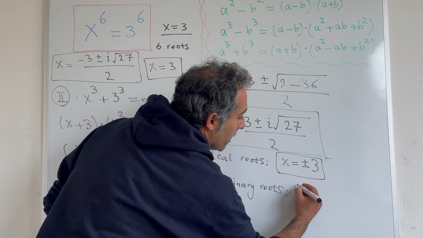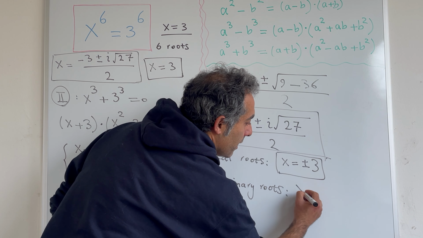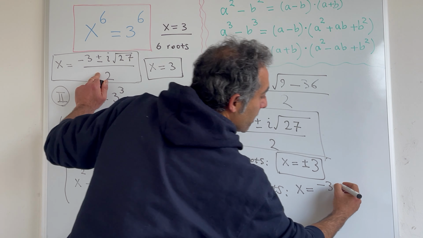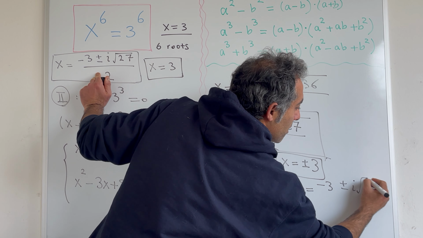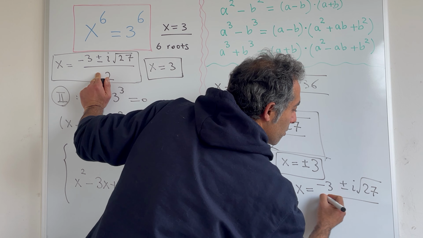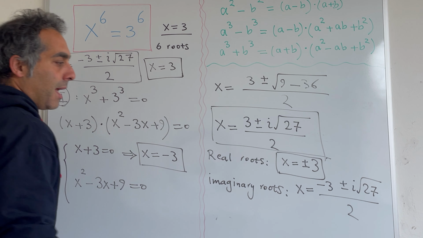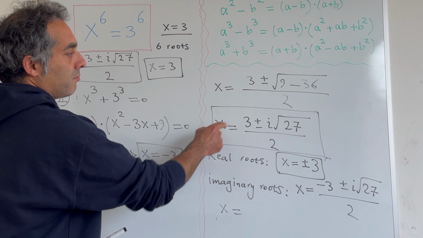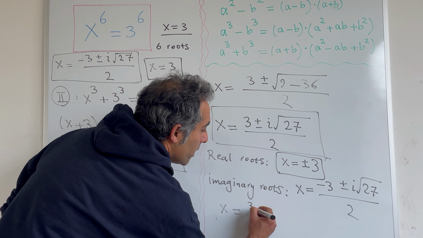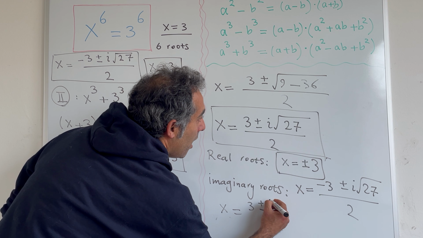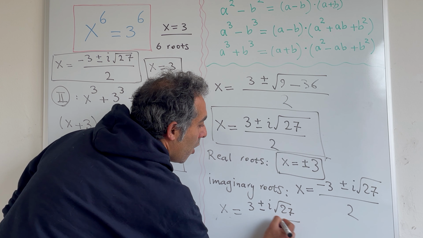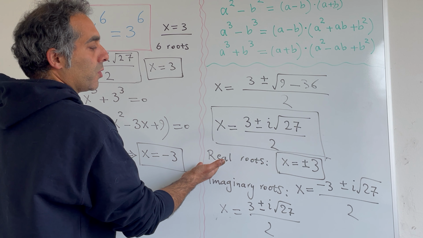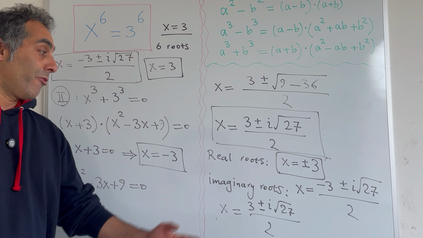The first one is x equals minus 3 plus minus i square root of 27 over 2, and the second is x equals 3 plus minus i square root of 27 over 2. These are 2 real roots, and these are 4 imaginary roots.